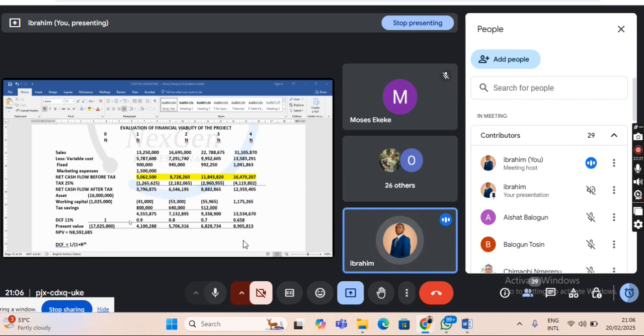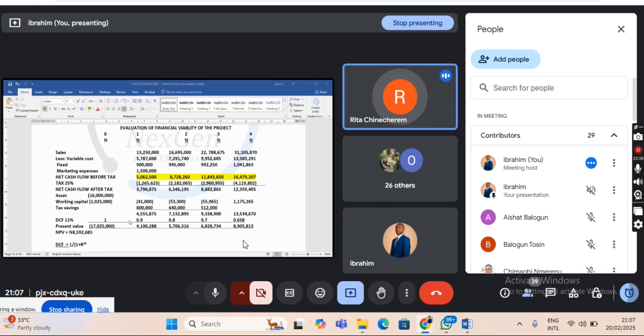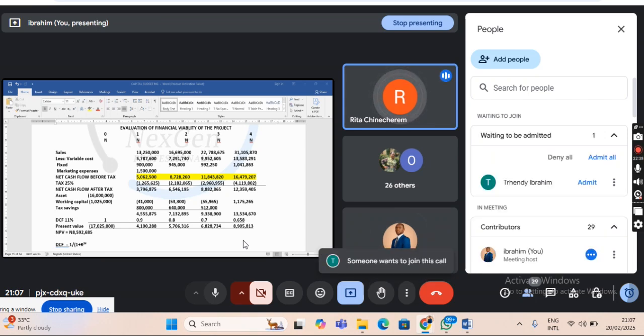Will a high percentage give you positive or negative NPV? Lower percentage will give you a positive NPV and high percentage will give you a negative NPV.